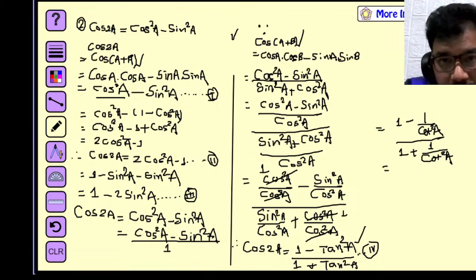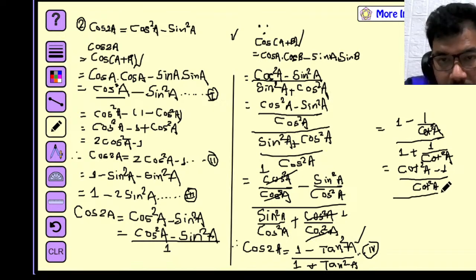Look children, if we take their LCM, here it will be cot square a minus 1, and down it will be cot square a, and this is the LCM, cot square a.